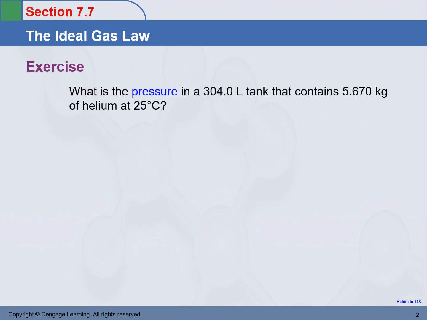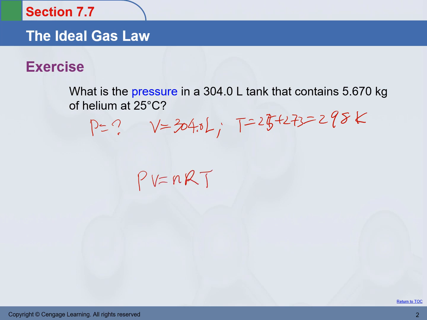Another practice. What is the pressure in a 304-liter tank that contains 5.670 kilos of helium at 25 degrees Celsius? Well, pressure is wanted, volume is given, temperature is given, 25 plus 273 is 298 K. Well, if we use PV equals nRT, V is known, R is a constant, T is given.